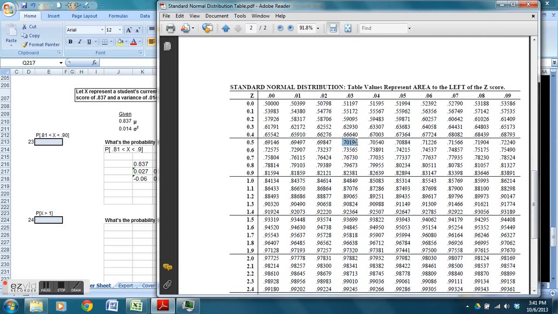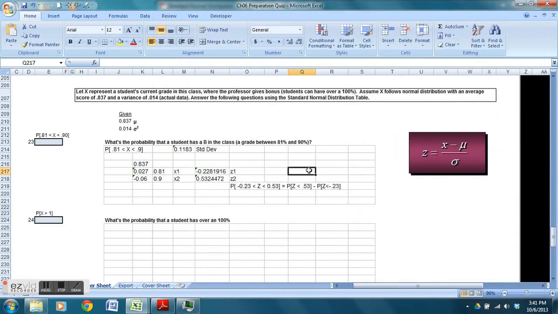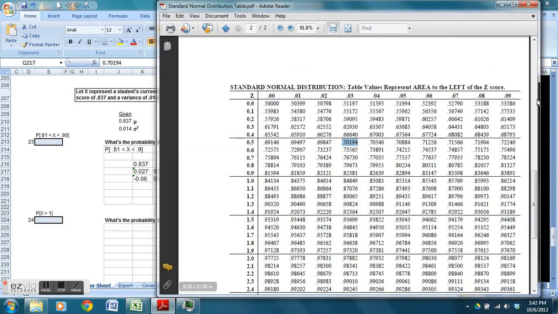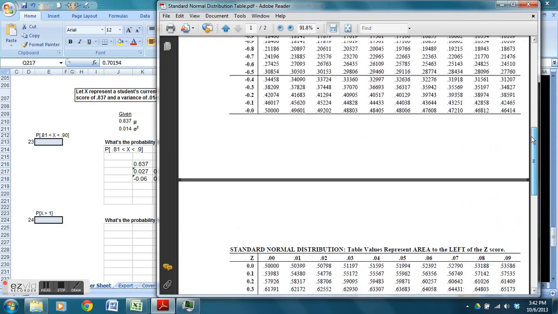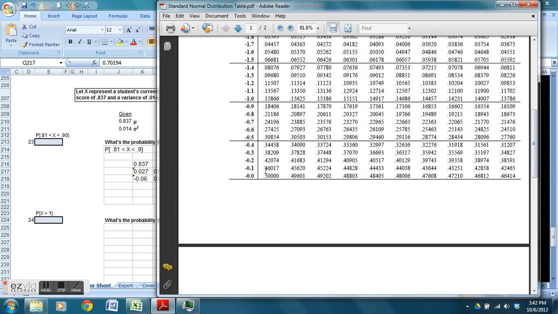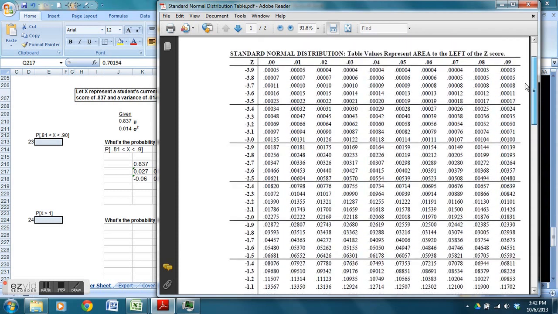So 0.53 right here. And let's find negative 0.23, 0.20, 0.21, 0.23. And let's just double check.